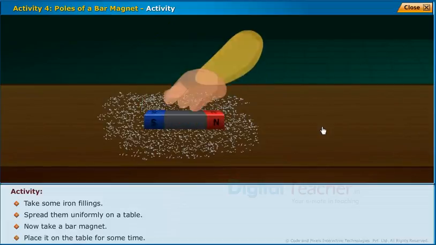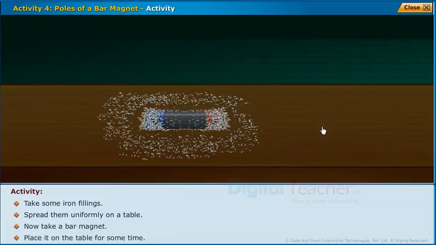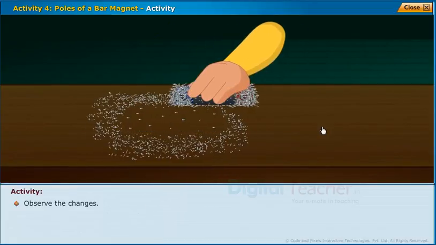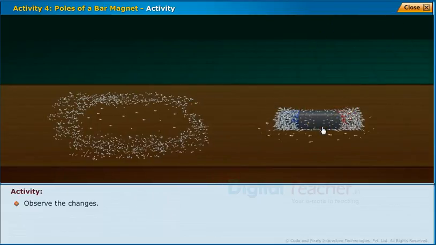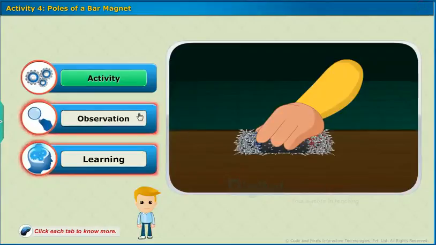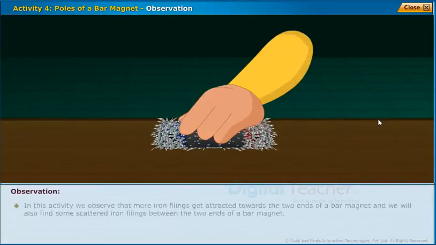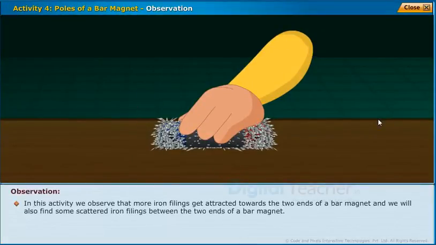Place it on the table for some time. Observe the changes. In this activity, we observe that more iron filings get attracted towards the two ends of a bar magnet, and we will also find some scattered iron filings between the two ends of a bar magnet.